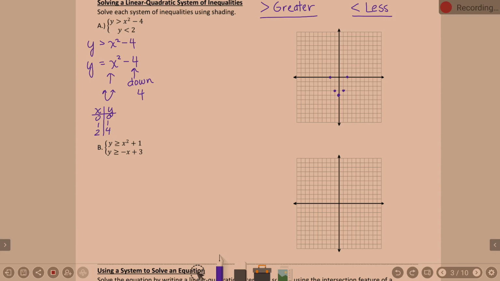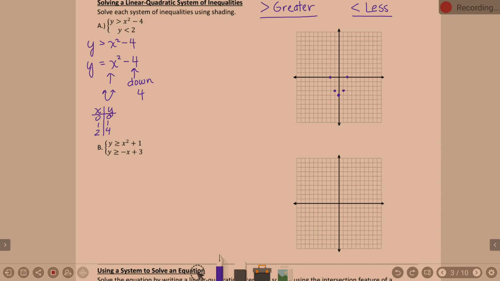Because when we do an inequality, we have questions about how we connect those dots. Do you guys remember?